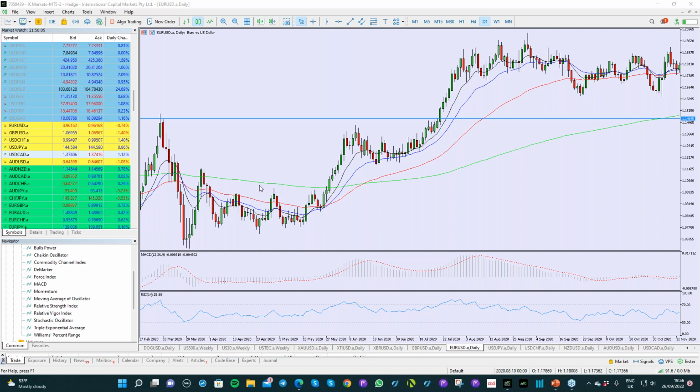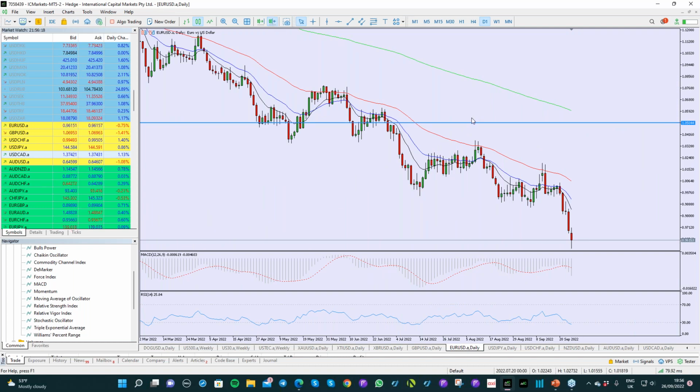Just catching up on the questions here. Let's look at the euro-dollar chart on the daily. Is it not a divergence between July to now? Let me have a look at that for you quickly. Divergence in MACD from July to now. Where is July? So we're looking at the lows.